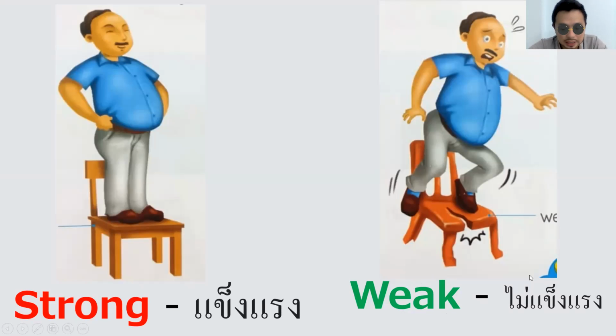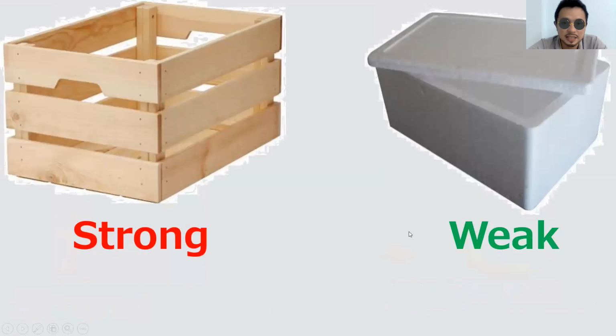So the reason why the man is falling down is because of the weakness of this material. See that? What about these two boxes? These two boxes are made of different materials. All right, so we'll show you.